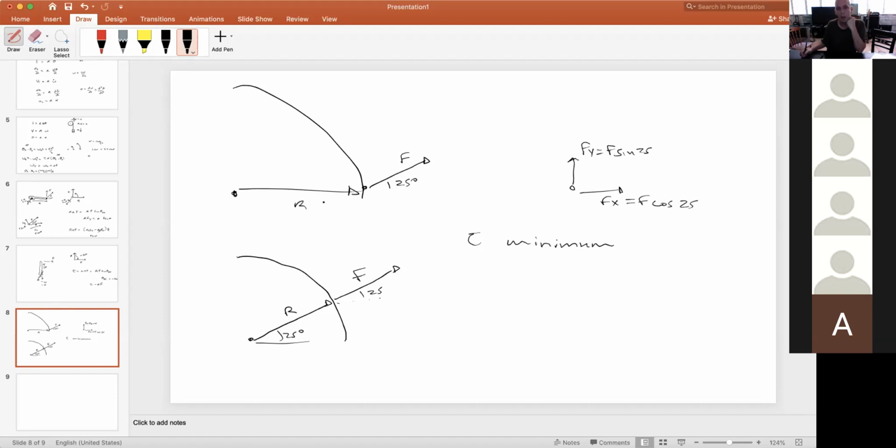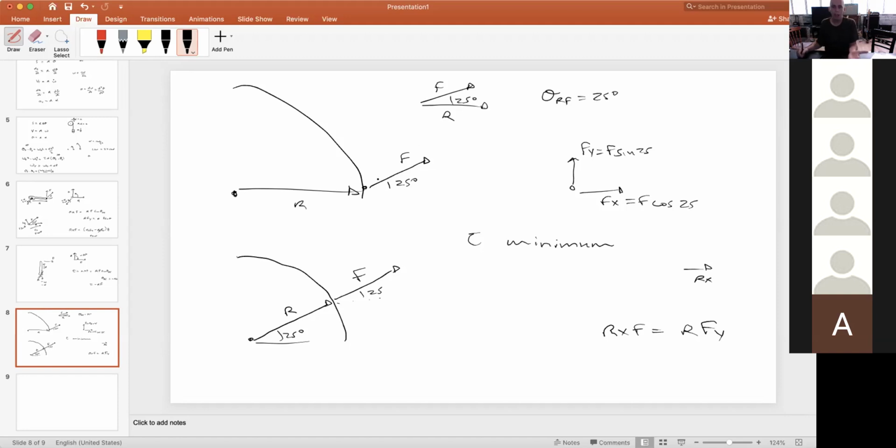And R only has an Rx. So you would get R cross F is R times Fy, RF sine of 25, which in this case, if I put them tail to tail, 25 is the angle between them, right? The angle between R and F would be 25 degrees.